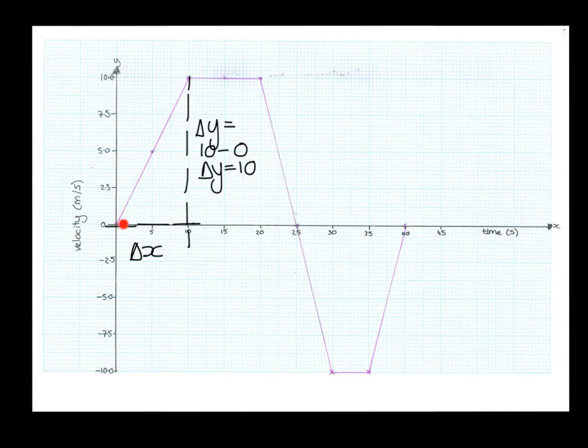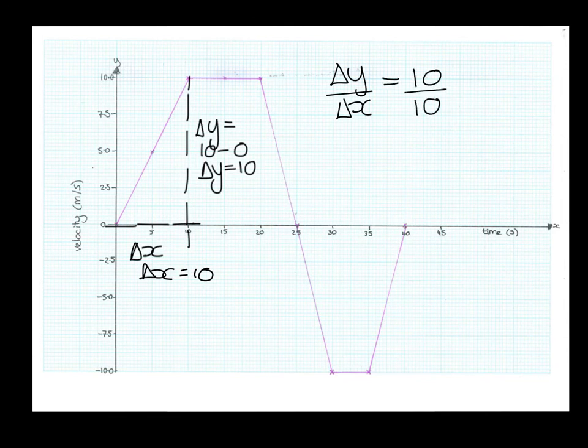If I look at the change in x, I've gone from 0 to 10. So delta x equals 10. So then the gradient is delta y divided by delta x, which is equal to 10 divided by 10. That gives me 1, but I need to add units in. I'm finding an acceleration, so metres per second squared.